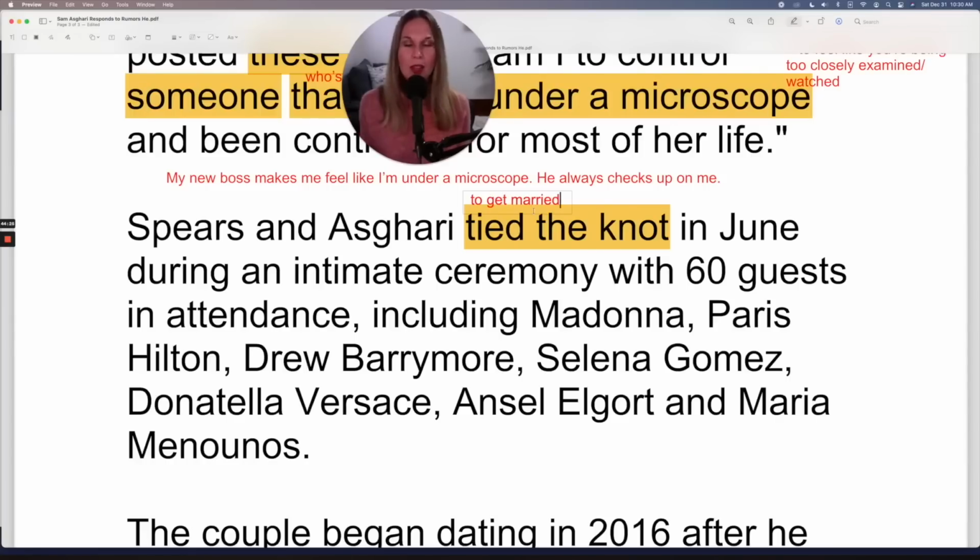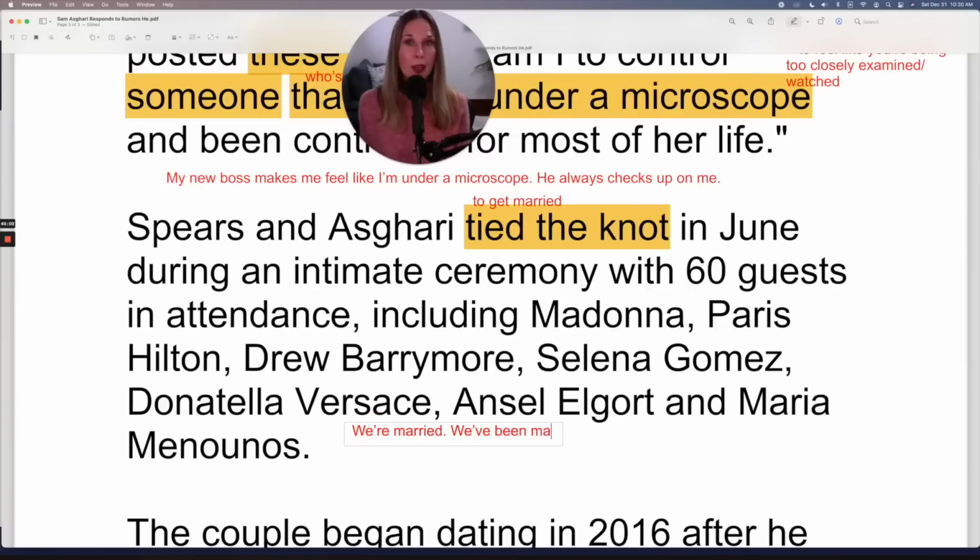Now, obviously, you know what that means, but notice my verb, to get married, because that is when you're having the ceremony. Spears and Asghari got married. Remember, we use the verb get when we're talking about the transition from not married to married. But once you are married, once the ceremony takes place and you get the ring on your finger, then you simply say, we're married.